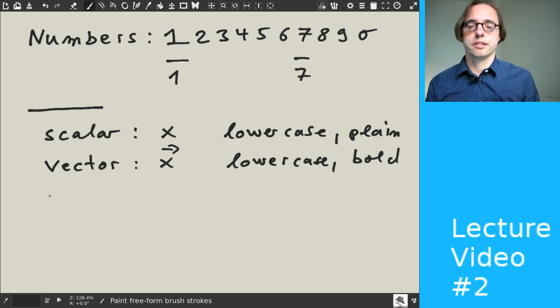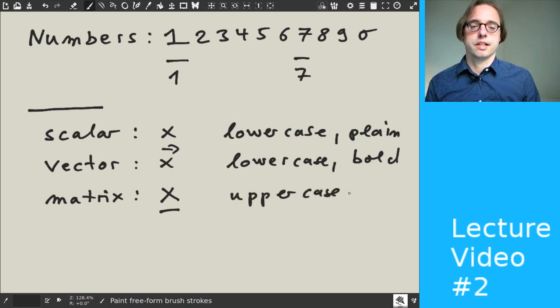So that's the convention. Lowercase bold is a vector, and a matrix is uppercase, and it has this bar in handwriting. And printed it is uppercase and bold. So this is how I should write it, but sometimes I don't put the bar or the arrow because it's clear from the context.